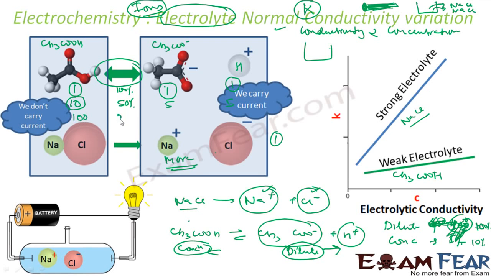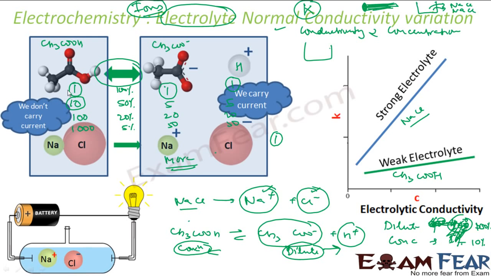In 100 moles, let's suppose the dissociation is 20%, because the more you make it concentrated, the dissociation percentage decreases. So this becomes 20 and this becomes 20. Let me make it now 1000 moles, and let me assume this is 5%. So this becomes 50 and this becomes 50.